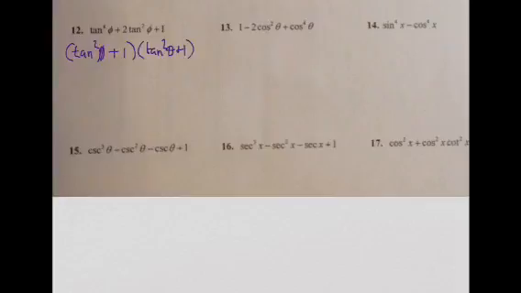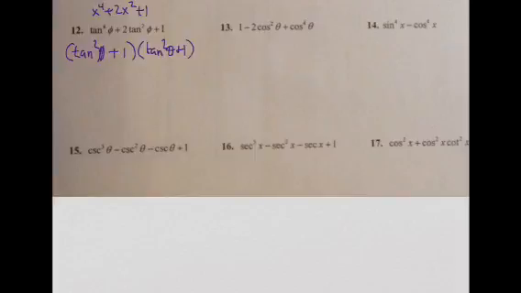That's how you factor that quadratic, okay? Because it's like if it was x to the fourth plus 2x squared plus 1. So think of it that way. You factor 12 like a quadratic like that, and then you end up with these two factors.